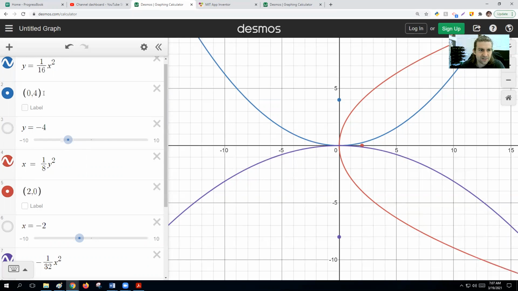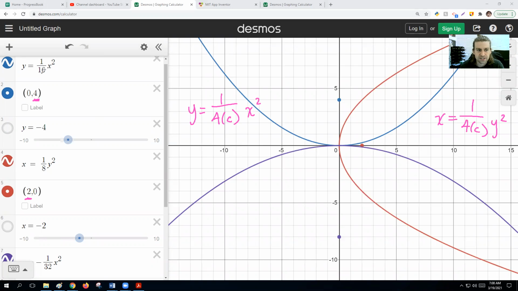But if the vertex is at 0, 0, the equation is always going to be either y equals 1/4 times c times x squared, or x equals 1/4 times c times y squared, where c is the number in your focus.